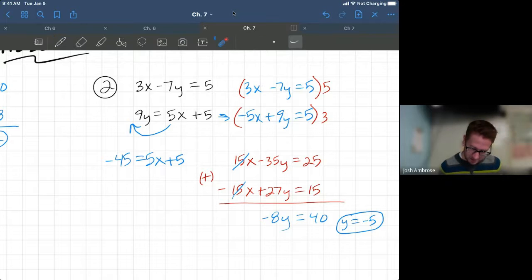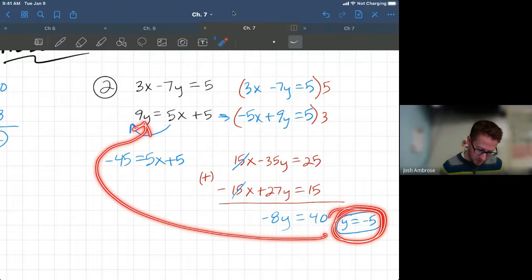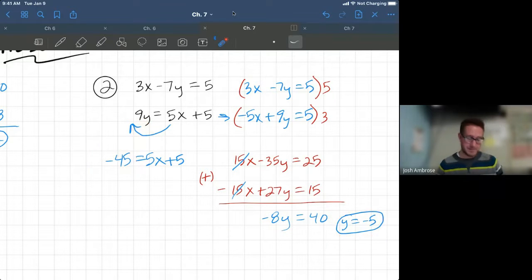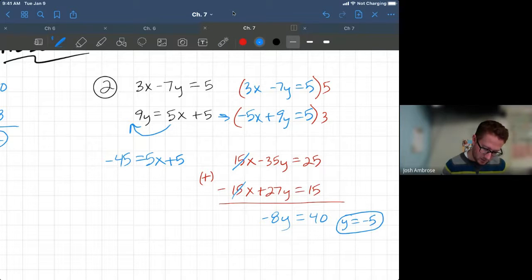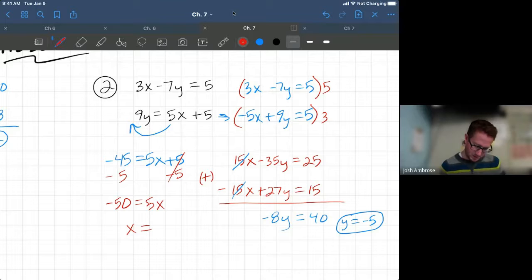Again, I took this value right here and plugged it into that y right there, and that's what gave me the negative 45. Okay, so now let's go through and solve. Minus 5, minus 5. Negative 45 minus 5 becomes a negative 50 equals 5x. X equals negative 10.